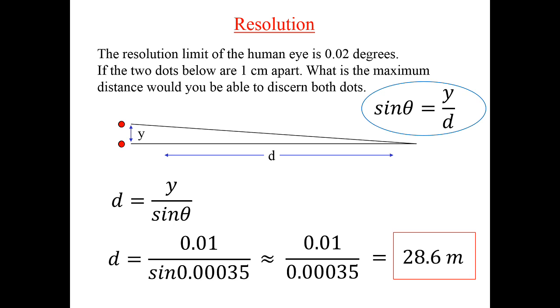Notice if you do the sine, so on the slide here we've done the sine of 0.00035, you'll notice that the sine of 0.00035 is equal to 0.00035. The point is, at very small angles, the angle in radians is pretty darn close to being equal to the sine of the angle in radians.